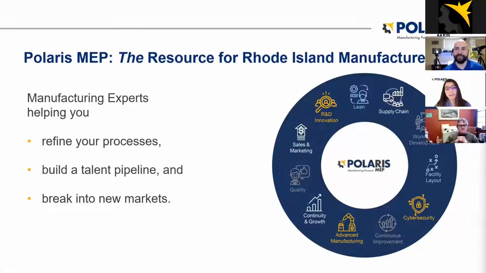So my job as a program manager is to help source partners in the community, vet those partners for you, and make those connections. And then I sit on the side as your trusted advisor as a manufacturer and help project manage that project all the way through. So we are here for you with any of your manufacturing needs.